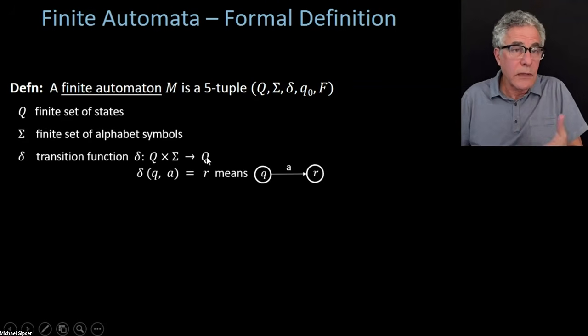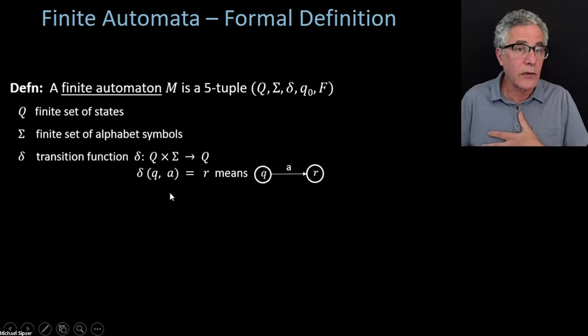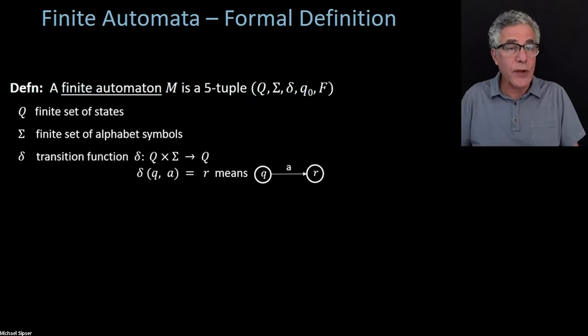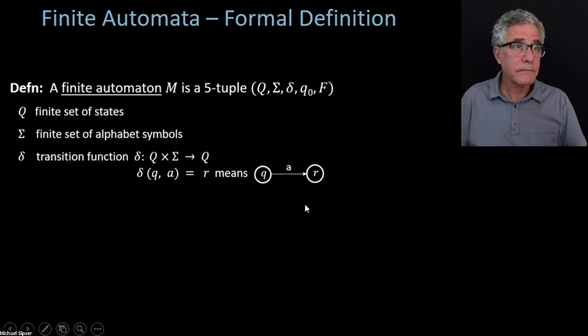Describing it in a little bit more detail, if you give delta state Q and symbol A and it equals R, that means in state Q, when you read an A, you go to R. So that's the way this picture gets translated into a mathematical function which describes those transitions.